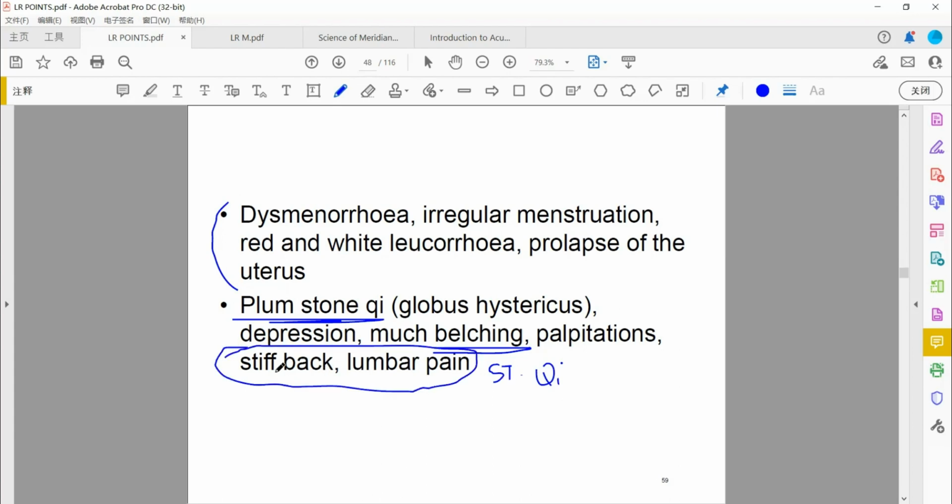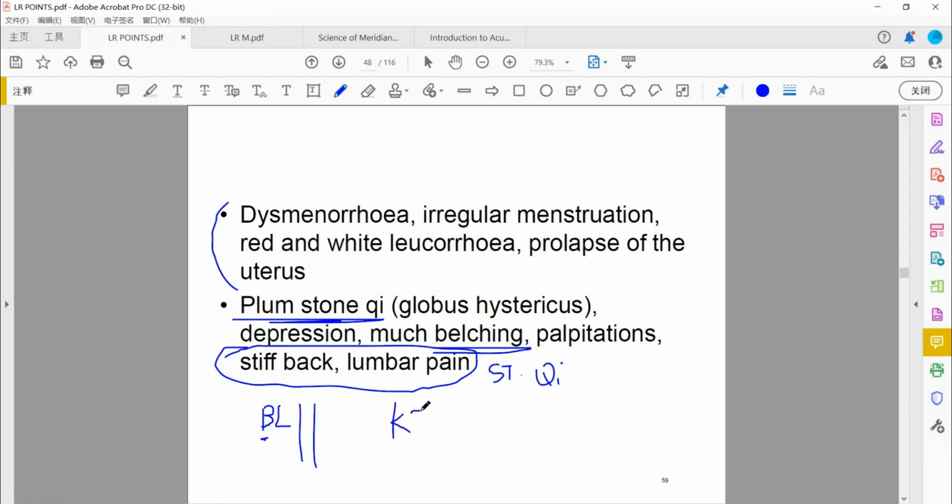Usually, when you say lumbar pain or stiff back, what meridian or what organ would you think about? For example, the bladder meridian, right? It's on the back. Remember the back points, there are many points, two lines on the back, bladder and kidney.